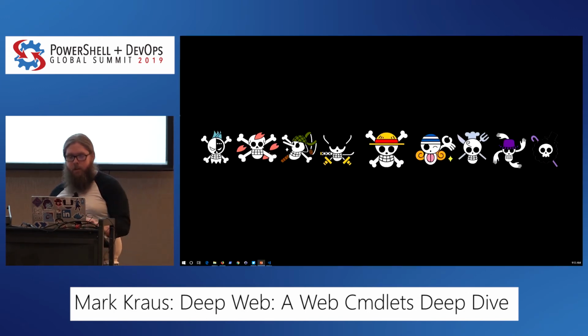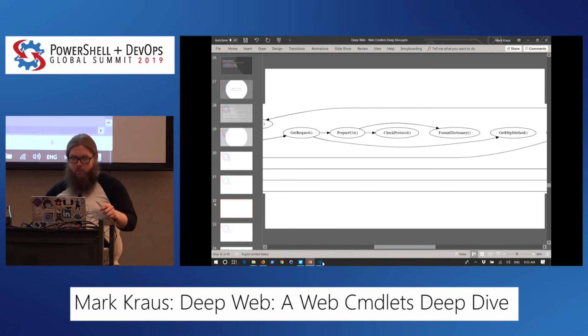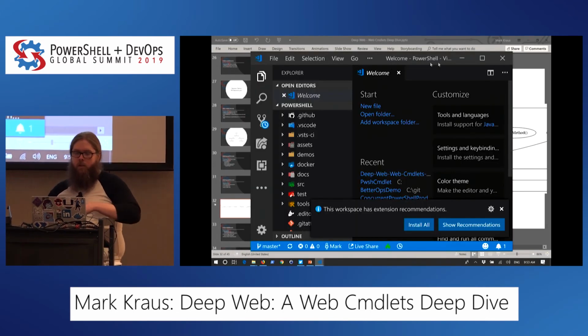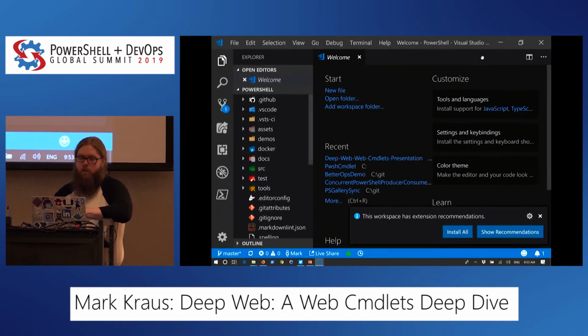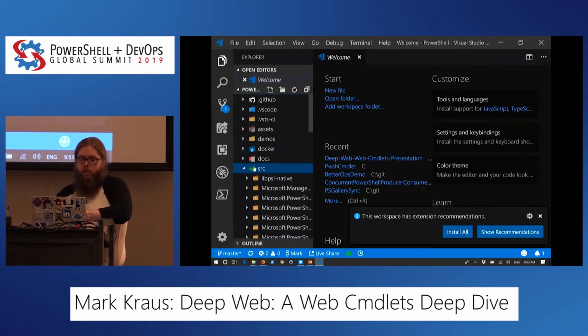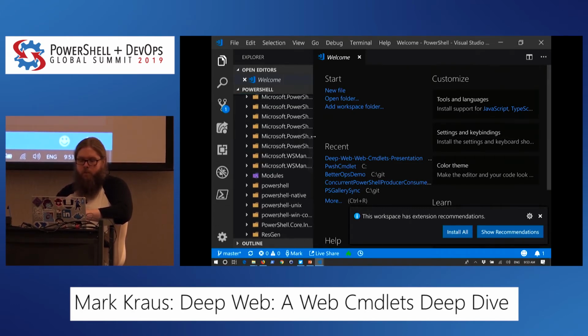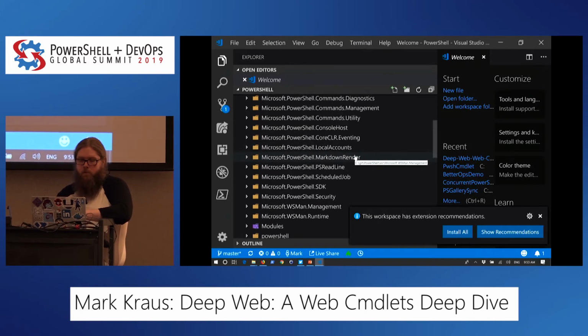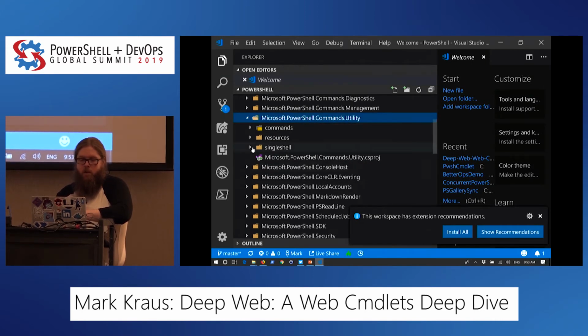So inside the code then, this is the PowerShell project. Luckily, there have been several sessions where this code has not been shied away from. So underneath the source folder, let me expand this out, there is commands utility.